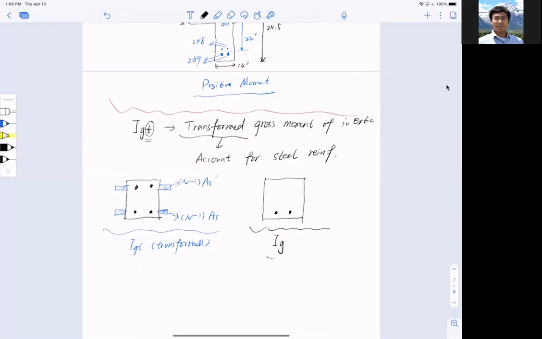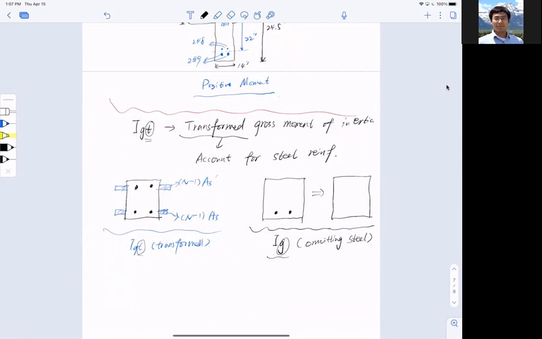I_G means treat it as a rectangular section by omitting the reinforcement, omitting the steel. So that is the difference between this I_GT and I_G.